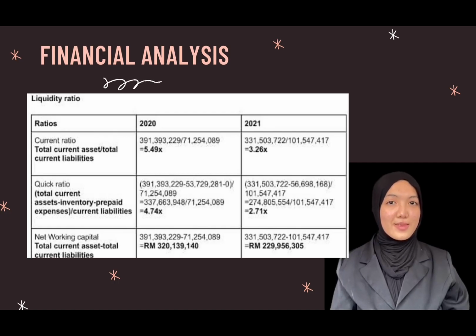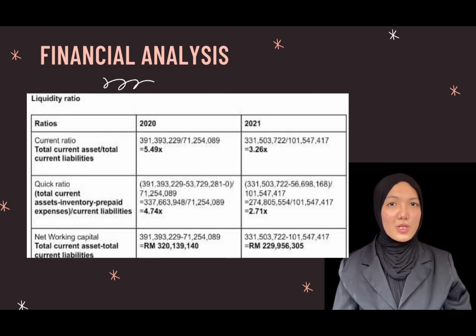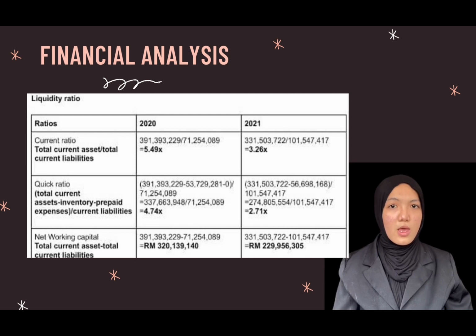Thank you, Mr. Chairperson. Now, I will explain the financial analysis for liquidity ratio. From the table, it shows the current ratio, quick ratio, and net working capital of Ajinomoto Malaysia Berhad are better in 2020 compared to 2021. In comparing the two years, for liquidity ratio, the higher the better.